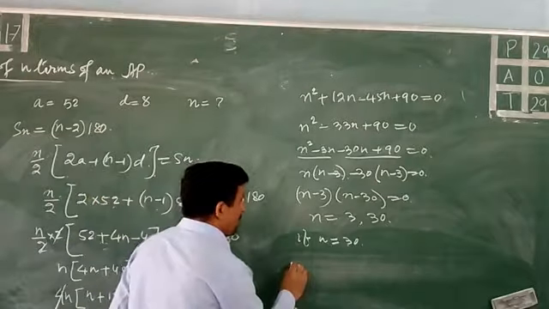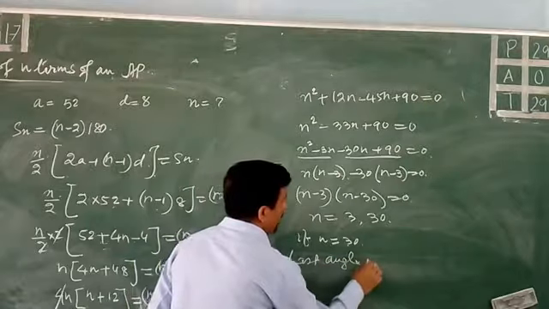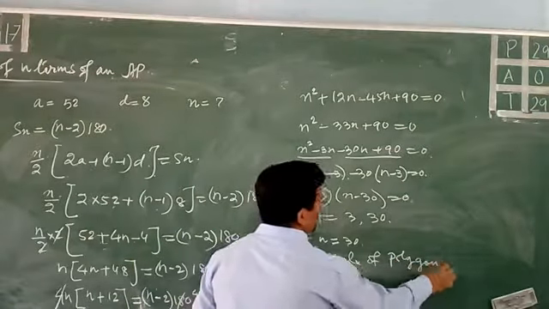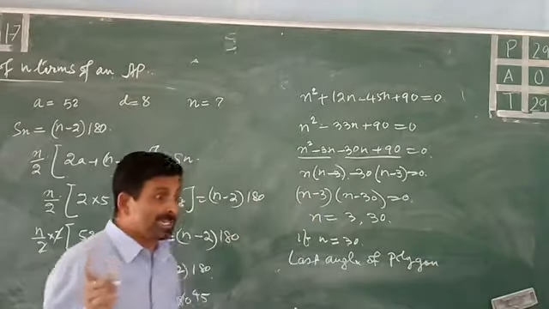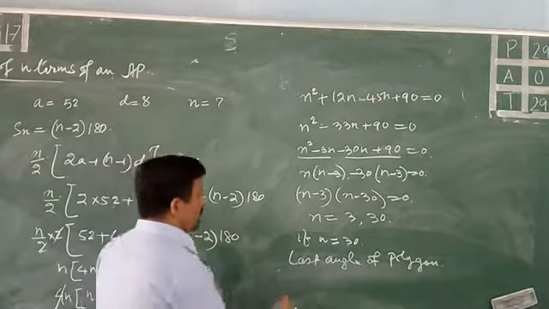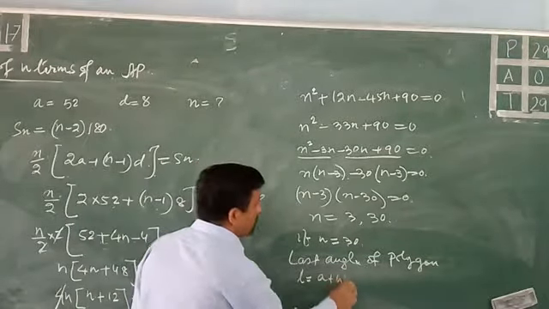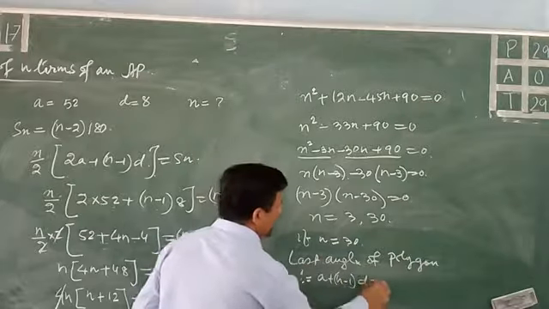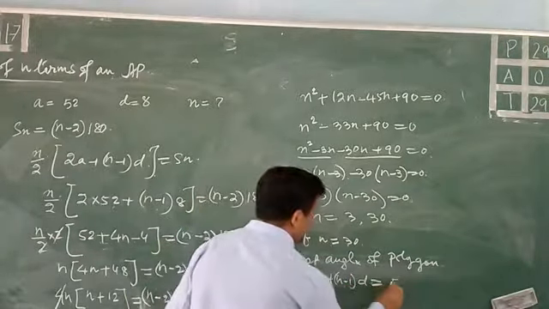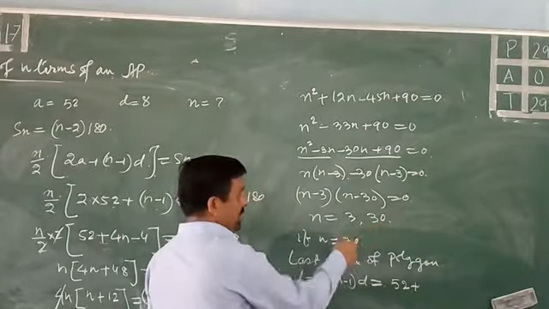So the last angle of the polygon. We will calculate this by using the nth term formula with L. L is equal to a plus n minus 1 into d, where a is 52 and n we are taking as 30 first.